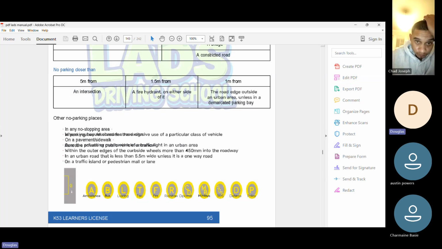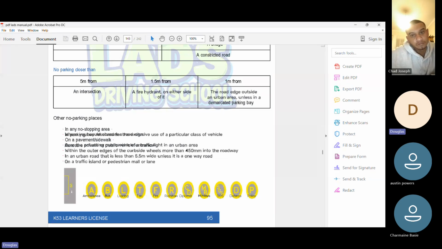B is a bus marking, meaning that area is specifically categorized for buses only. L is a loading zone, where you find it close to shops where they load or offload stuff. T is for taxis. F is for firefighting vehicles.